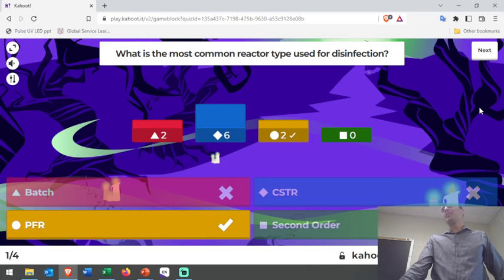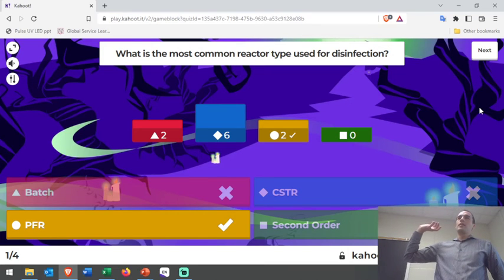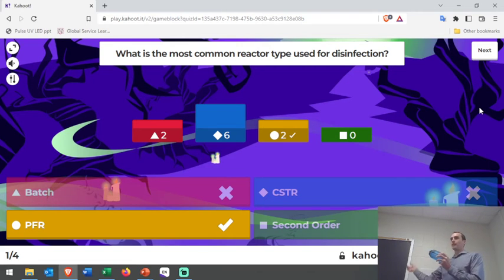I mentioned it earlier, but a plug flow reactor is going to be the most common. What you don't want, and I think I mentioned this last time as well, is water mixing. As soon as you add water into a stirred tank and there's water leaving, some of the water you just added is going to leave, right?